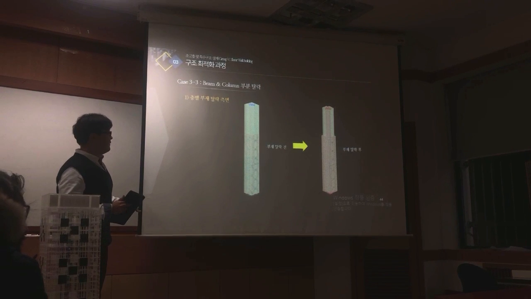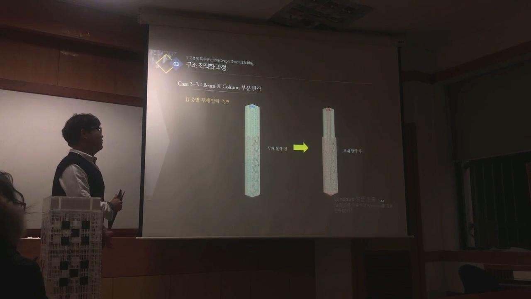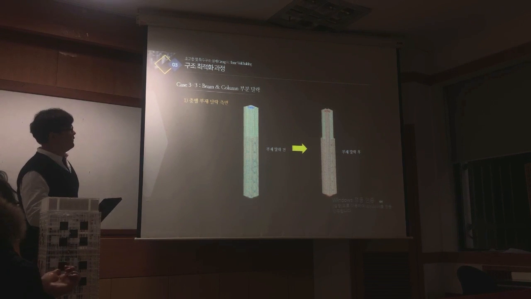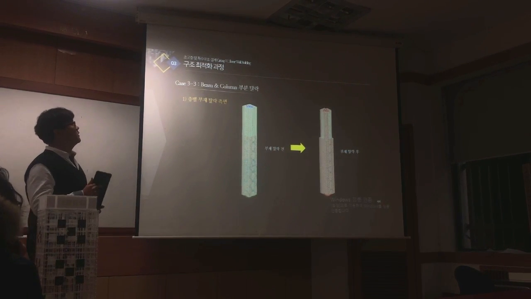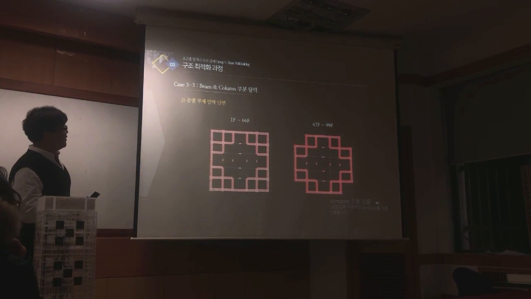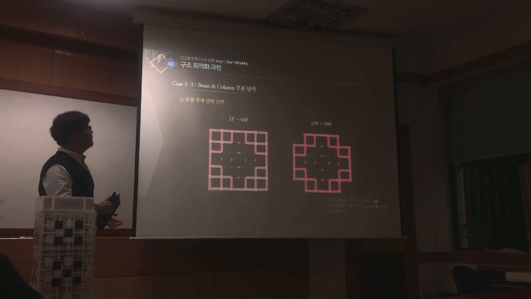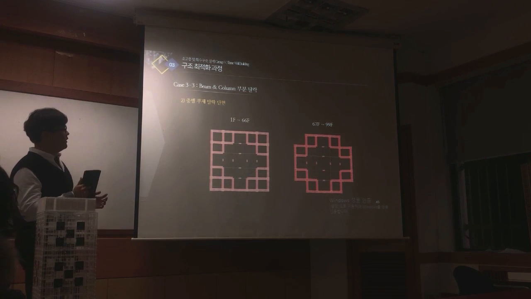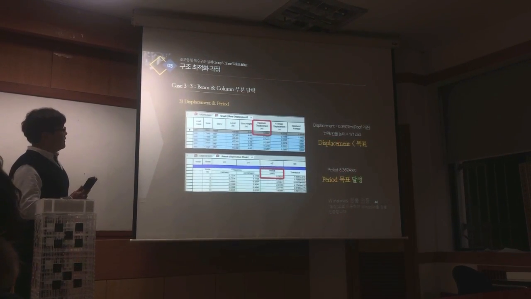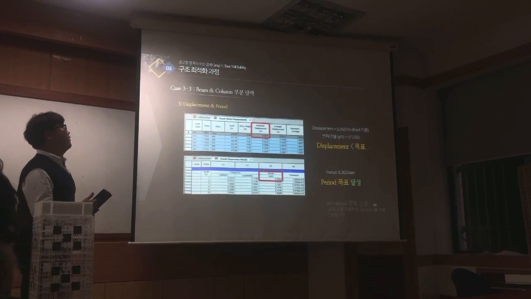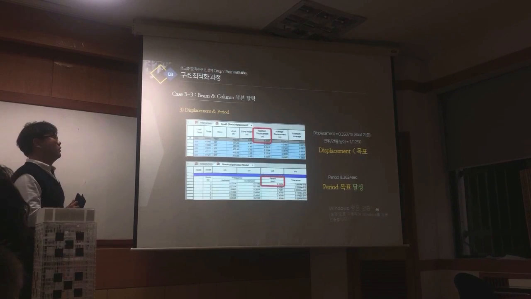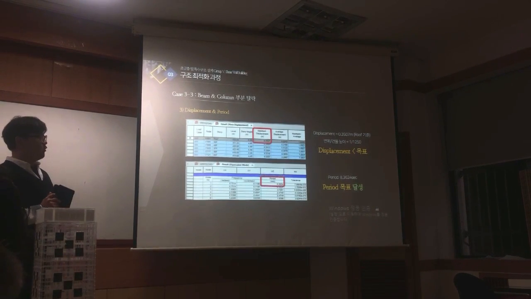The left side is before leaving out the components, and the right picture is after leaving out the components. This is another picture from leaving out. And yet again, we have the same results. Displacement didn't meet our goals, but period met our goals.